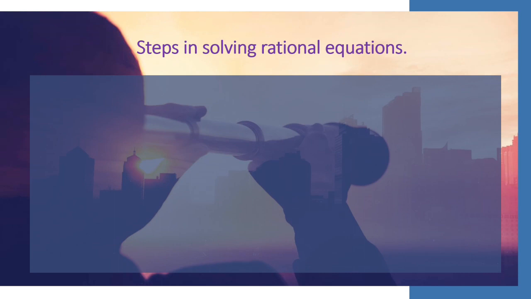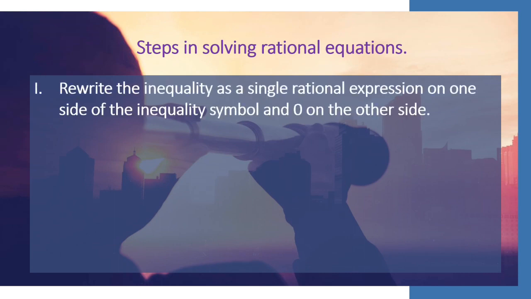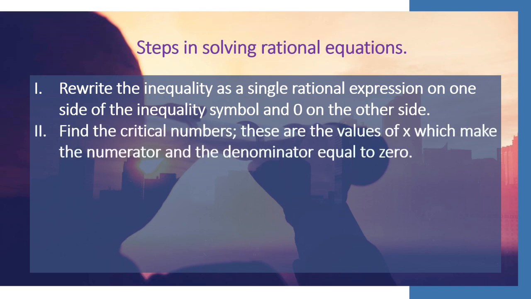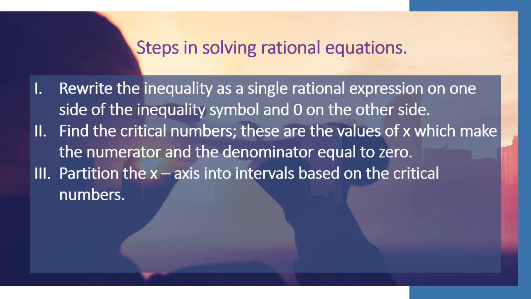Let's have the steps in solving rational inequalities. First, write the inequality as a single rational expression on one side of the inequality symbol and 0 on the other side. Second, find the critical numbers. These are the values of x which make the numerator and the denominator equal to 0.